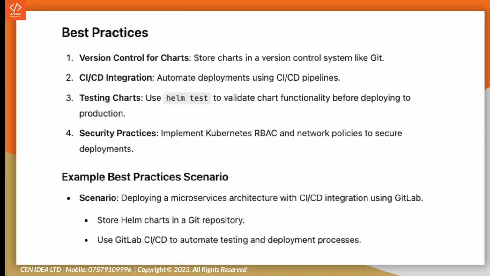The other thing I would consider as best practice is testing charts. When charts are created, I didn't talk about that one, but it creates a unit test for you, kind of a basic test. You can expand on that test, but obviously use helm test to validate chart functionalities before deploying to production at least.